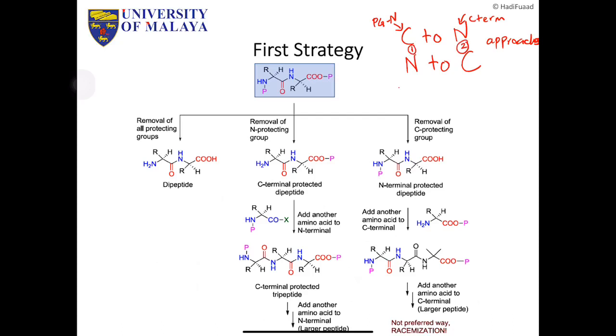And even though it's kind of similar, you protect the C, and this one is protect the N. Even though it looks similar, the sequence actually plays an importance, because imagine you need to grow your peptides, right? So you need to grow the peptide.